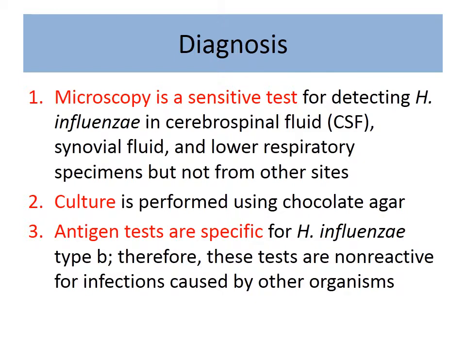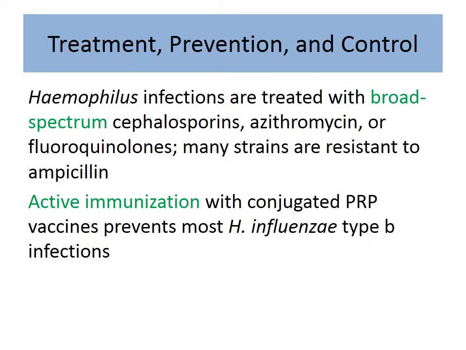How do we diagnose? Again, microscopy is a sensitive test. We can do culture on chocolate agar. What is chocolate agar? It is heated blood. And then again, we want to do antigen-specific tests, especially if we fear that this is coming from HIV. Broad-spectrum antibiotics usually are given.